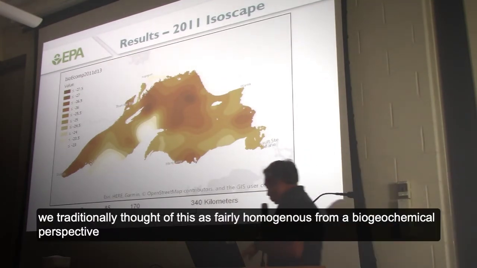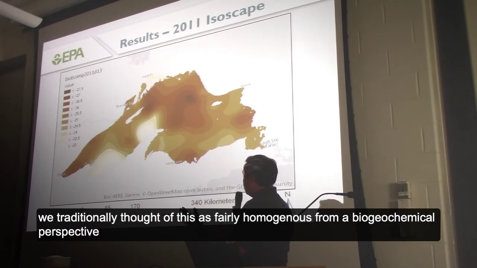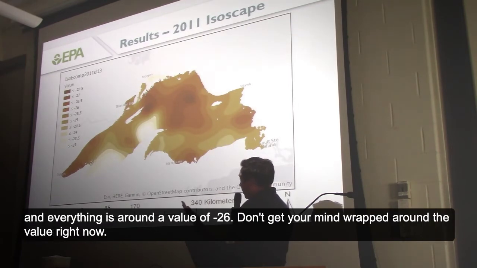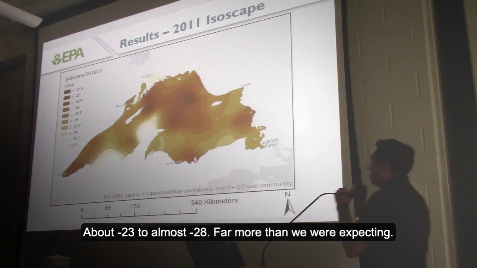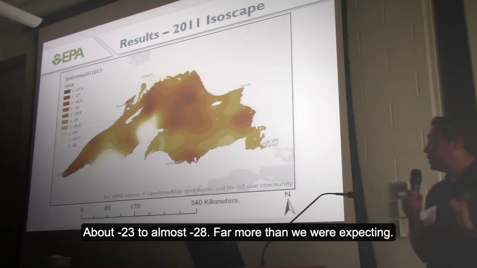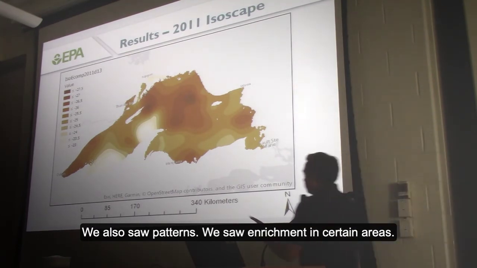First of all, we traditionally thought of this as fairly homogeneous from a biogeochemical perspective, kind of everything's around a value of minus 26. Don't get your mind wrapped around the value right now. We saw surprisingly more variation than that, about minus 23 to almost minus 28, far more than we were expecting. We also saw patterns.